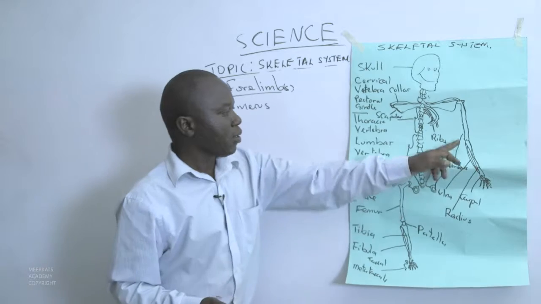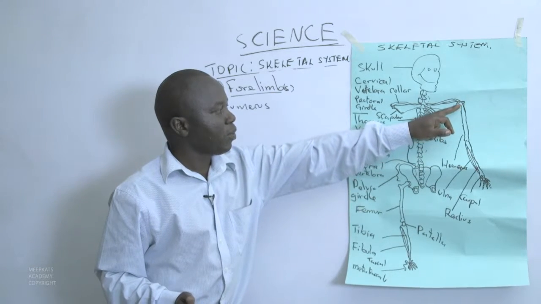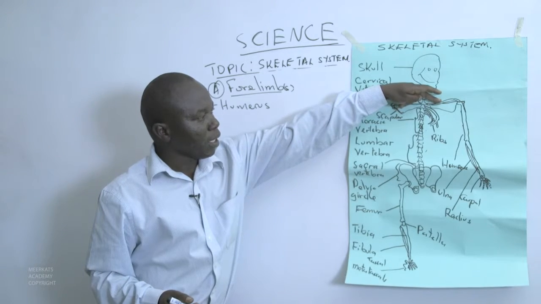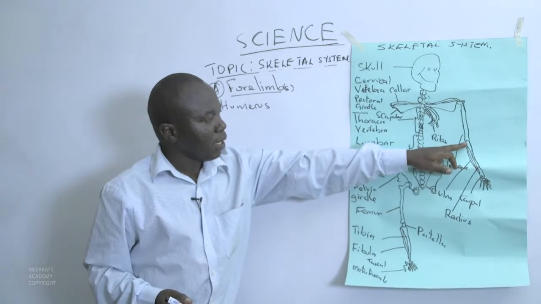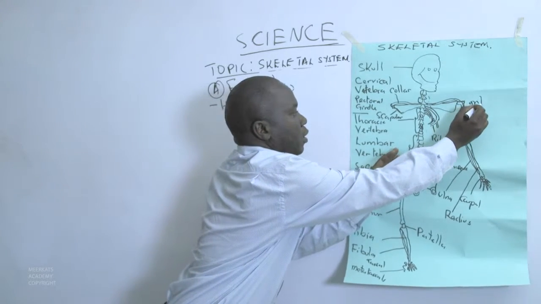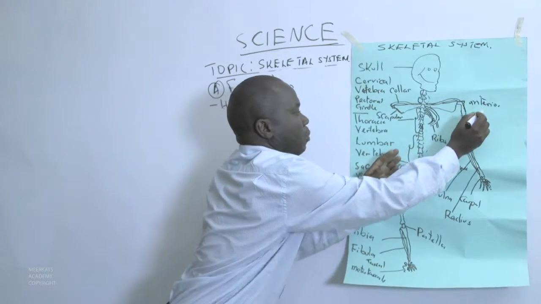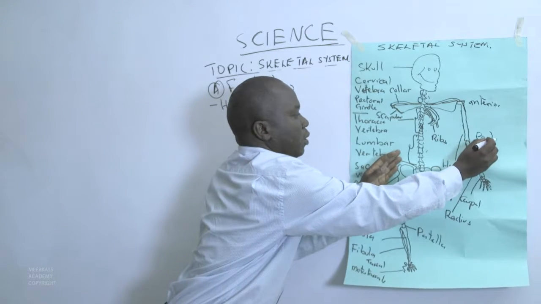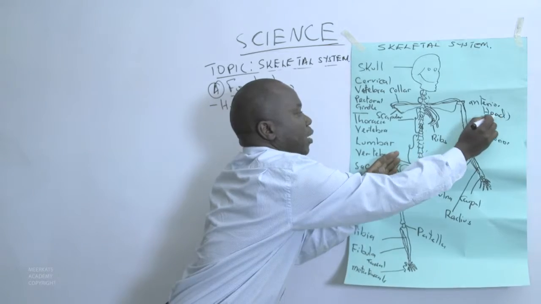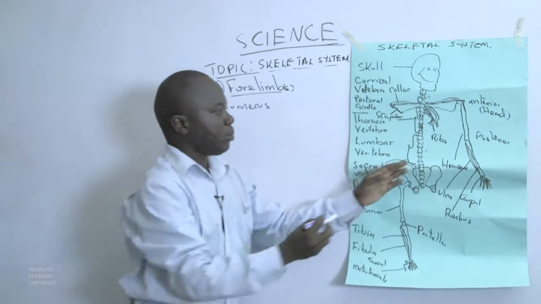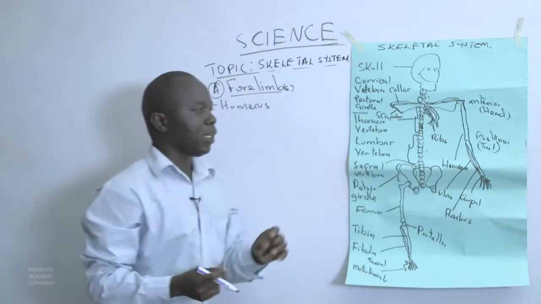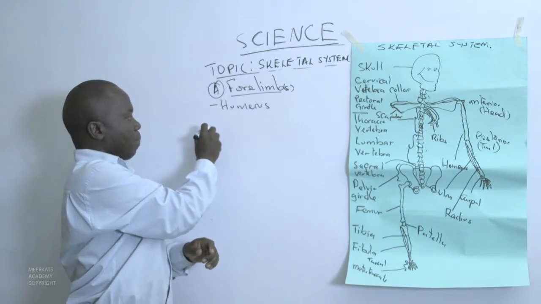So the humerus forms a joint with the scapula of the pectoral girdle. This is the anterior end and the posterior end of the bone. Posterior is also called the tail region.